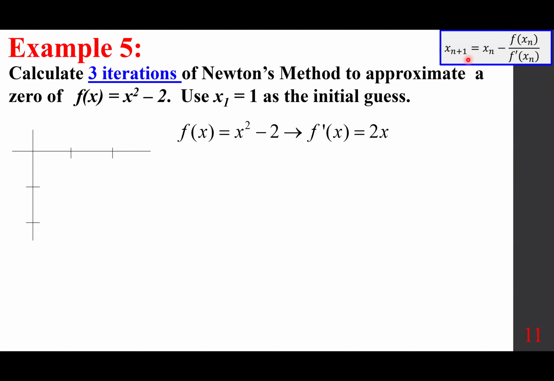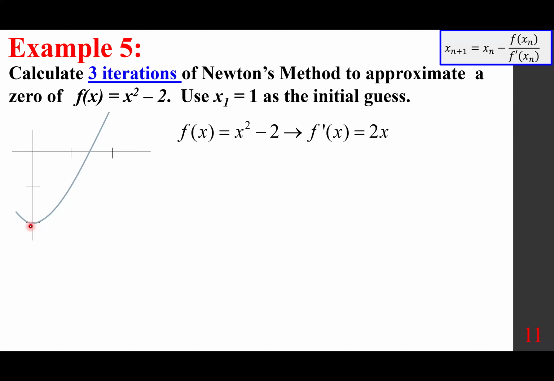This is the formula. X sub n plus 1 is x sub n minus f of x sub n over f prime of x sub n. By the way, if f prime is 0, if the tangent line is almost horizontal, then this will fail. It makes the next one worse than the previous one, okay? Just so you know. So here's the function. Y equals x squared, and it shifts down by 2 units.